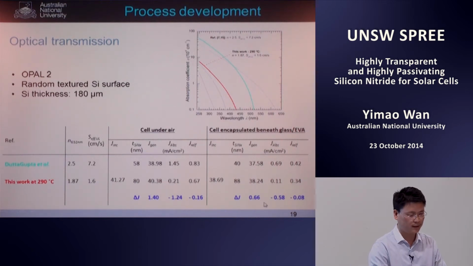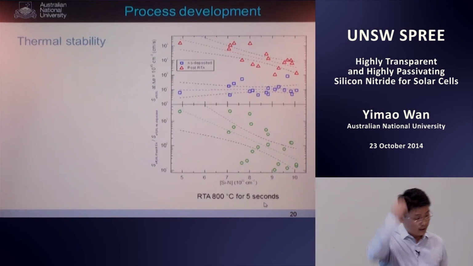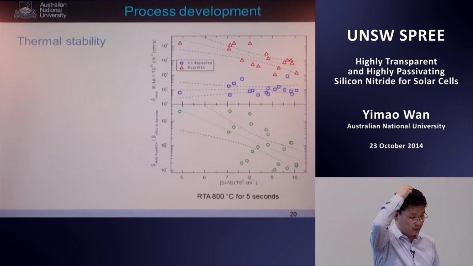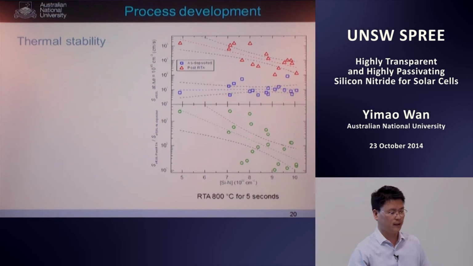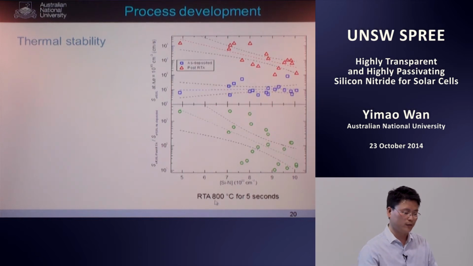And the enhancement is basically due to the lower absorption current for both cells. Another property of this optimum silicon nitride is the thermal stability. There is a bunch of films with different bond densities, and all of them show quite good passivation as-deposited, that means after deposition from the PECVD chamber, and then submitted to the RTA rapid thermal annealing reactor at 800 degrees for 5 seconds.